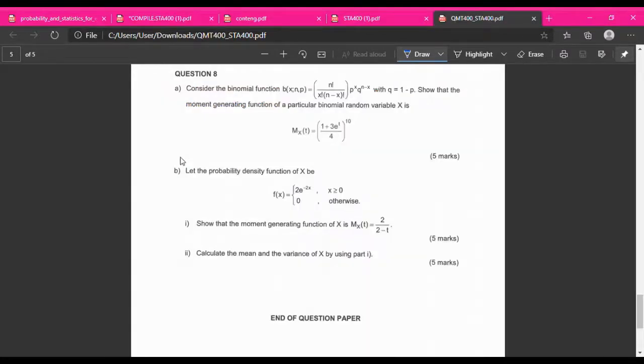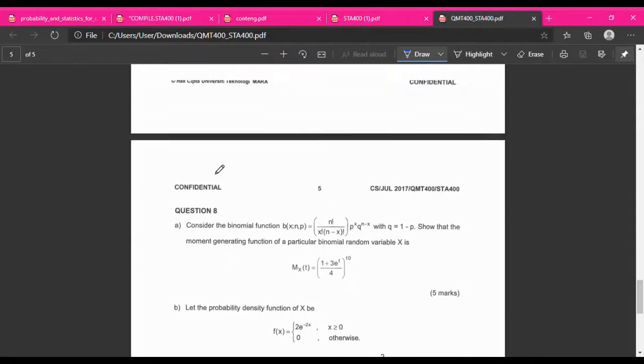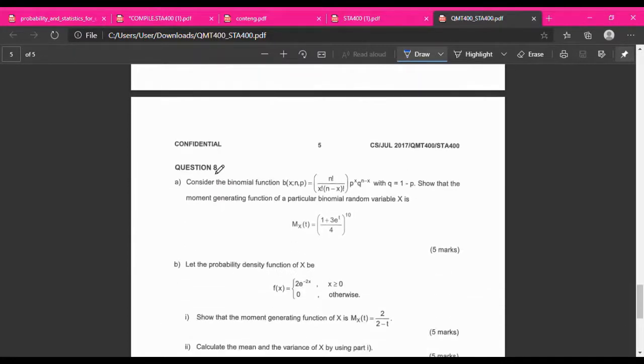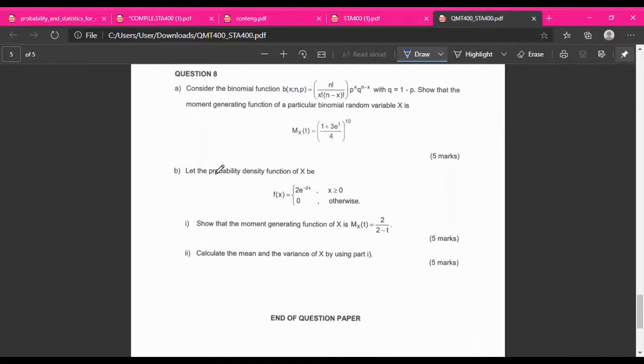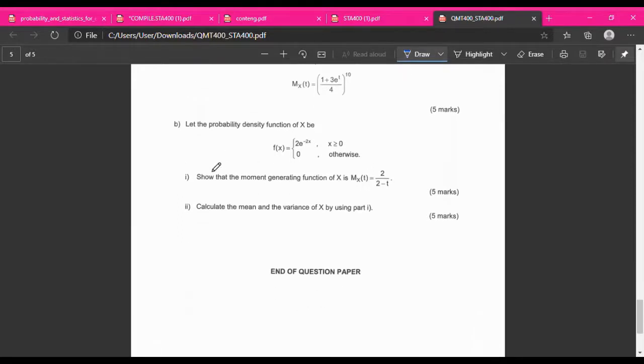Okay, this is one question from the past year paper, actually, July 2017. Let the PDF of x be 2 multiply e power of negative 2x, and then x is from 0 to infinity. So, if you look carefully, what function is this? This is the exponential, right?